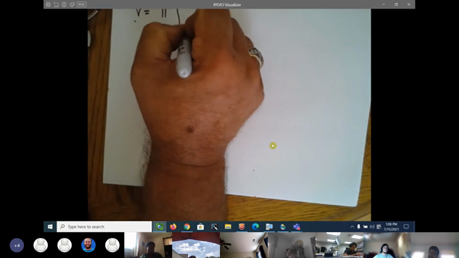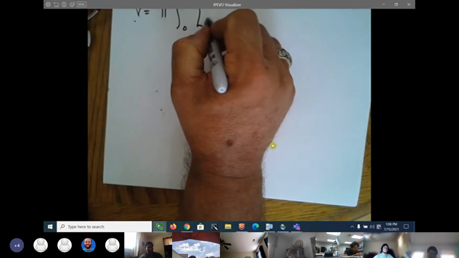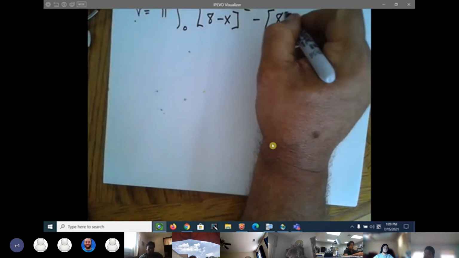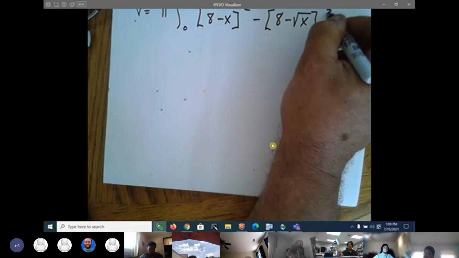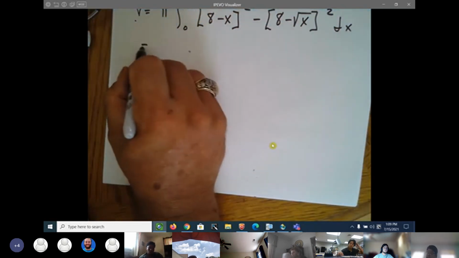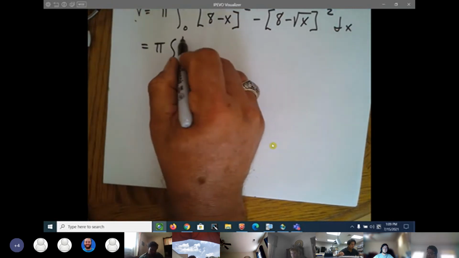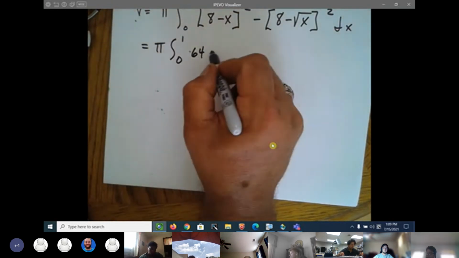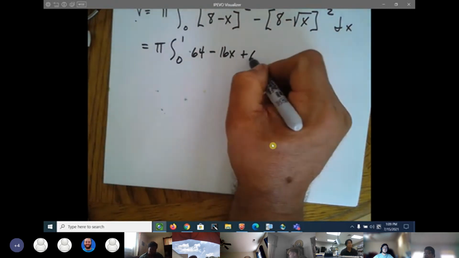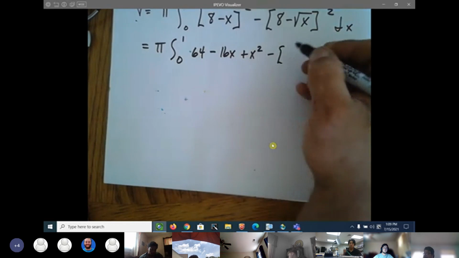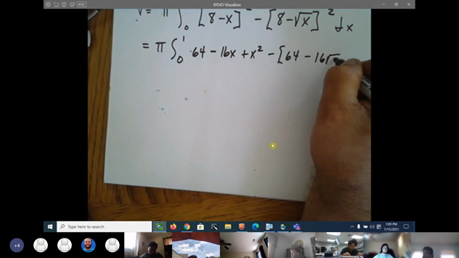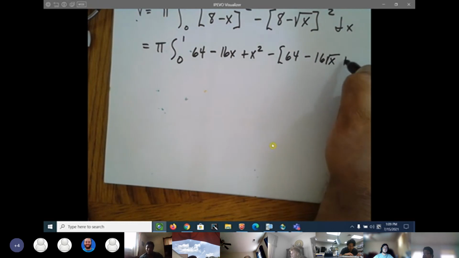Pi integral from 0 to 1 of (8 minus x) quantity squared minus (8 minus the square root of x) quantity squared dx equals pi integral from 0 to 1 of 64 minus 16x plus x squared minus 64 minus 16 square root of x plus x.